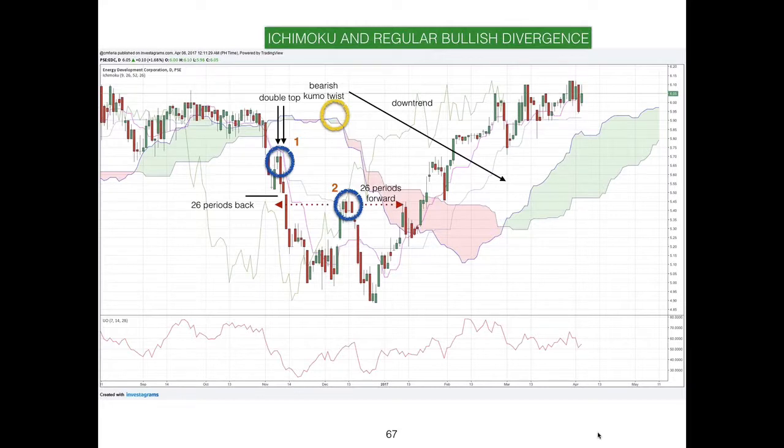There was no bullish future ahead. There was no Kumo twist in the future. If you count 26 periods ahead of this candlestick, number 2, there's no Kumo twist. The Kumo was still red 26 periods later. So we assume that this market will continue to go down or sideways.